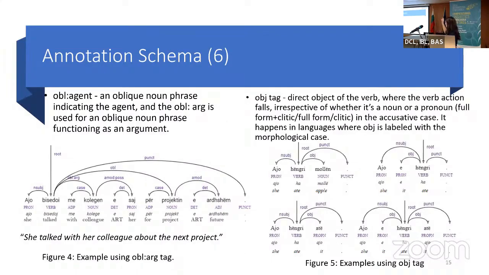And also, I have inserted examples for different tags, how we have used them in our corpora, but sorry, I cannot explain every one of them.